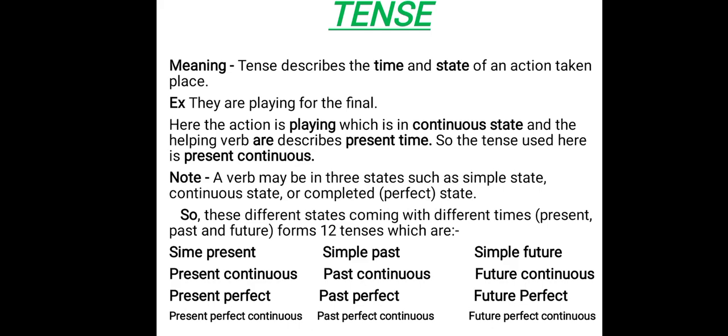Similarly, in the future time also, it forms simple future tense, future continuous tense, future perfect tense, and future perfect continuous tense. So, I hope now the concept of tense is clear to you. There are altogether 12 tenses that we use in the English language.